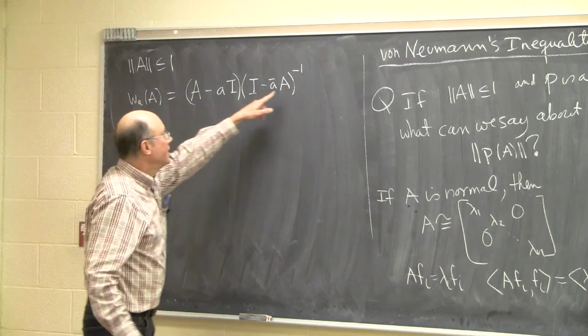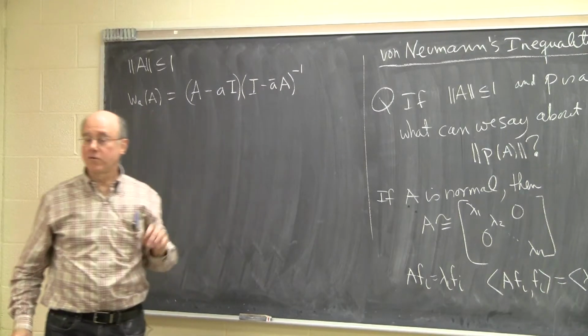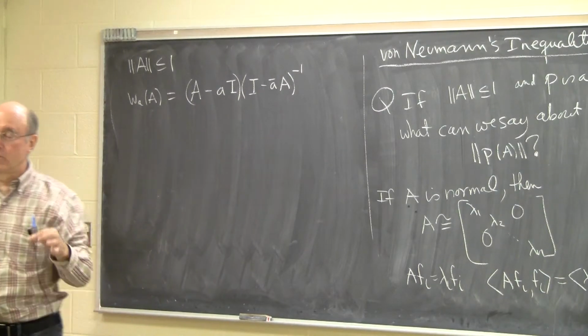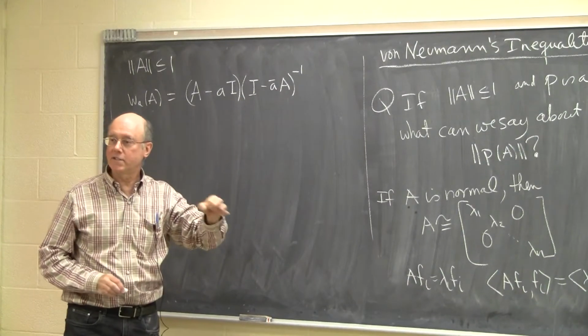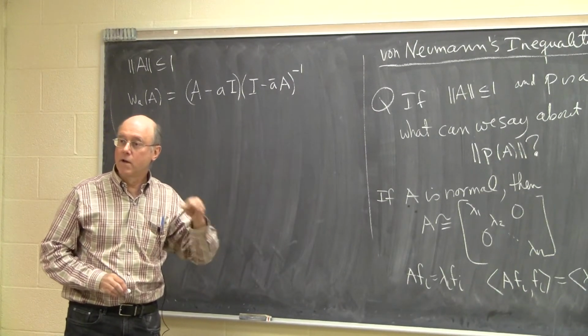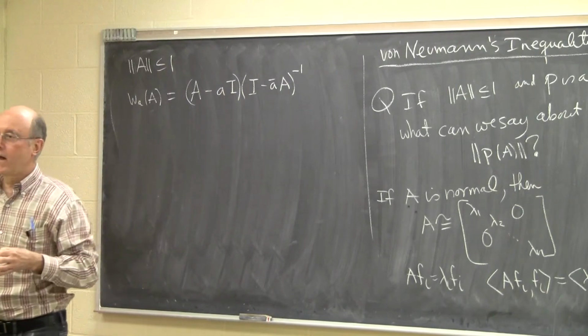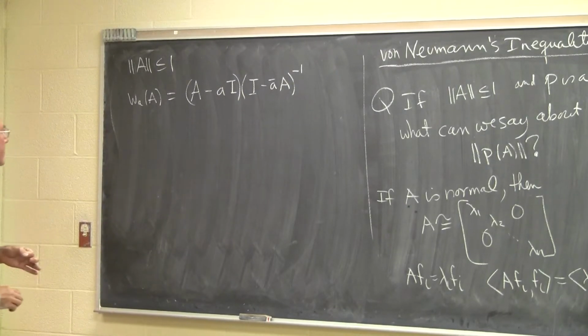And this makes sense because the eigenvalues of A have to all lie in the disk. So therefore, the eigenvalues for a bar A lie in a disk of radius strictly smaller than 1. So 1 is not an eigenvalue, so that is invertible.